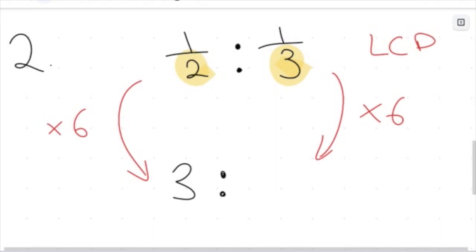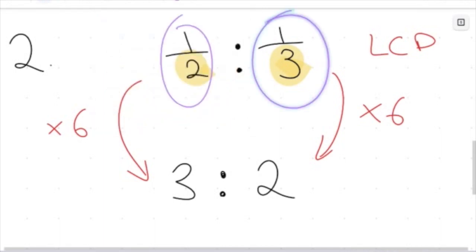And if I take 6 lots of a third, I'm going to get 2. And it makes sense that the 3 here is bigger than the 2 because a fraction of a half is bigger than a fraction of a third.